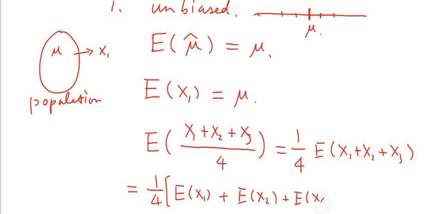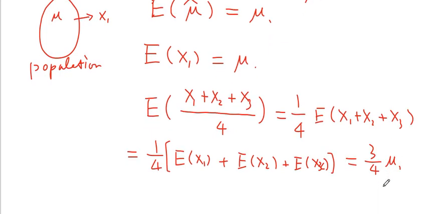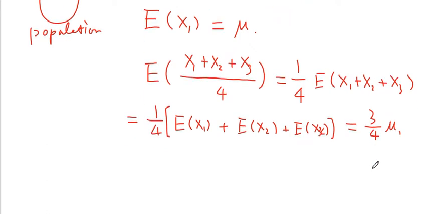Each one is mu, so this equals 3 over 4 mu. So this is not equal to mu. We say this estimate, this formula, is not so good. It is biased, not equal to mu, right?